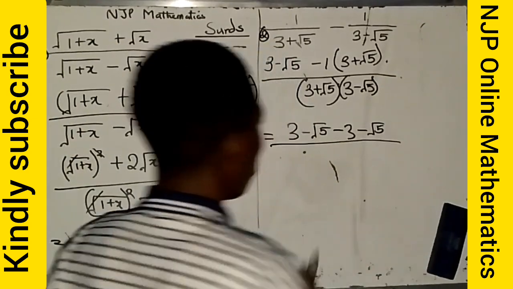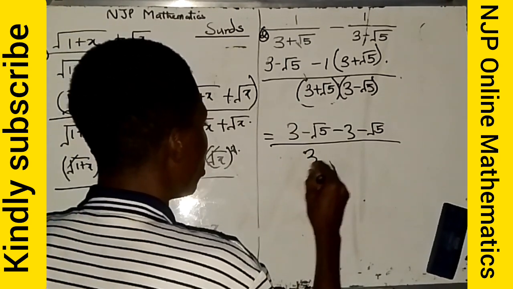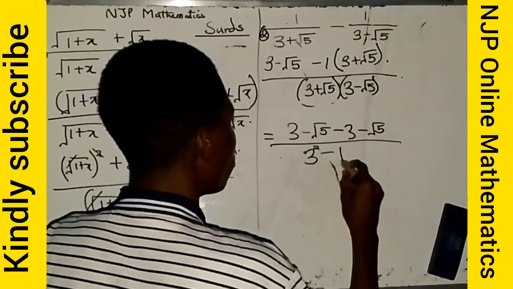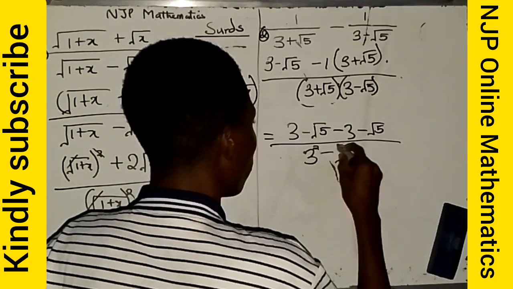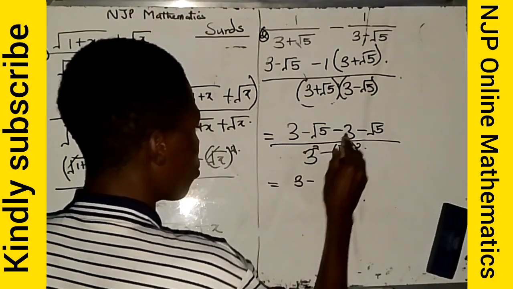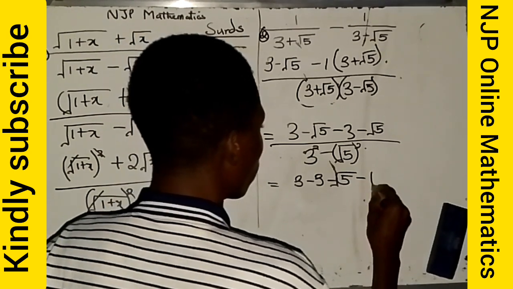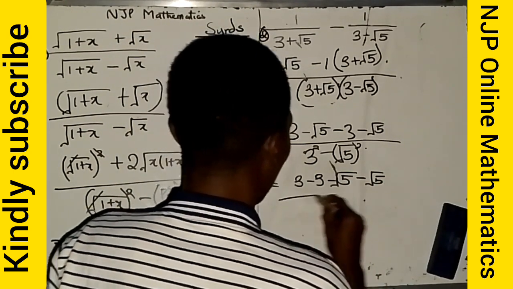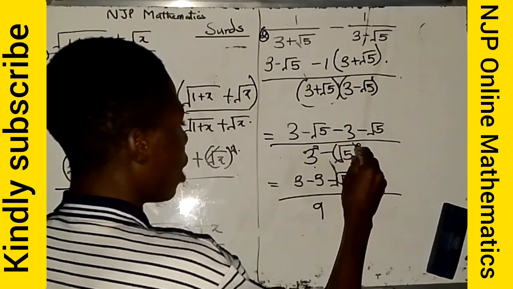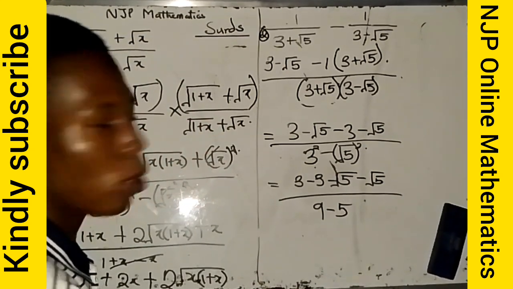So remember, the denominator is a difference of 2 squares, and it's equal to 3 square minus root 5 square. So this now becomes 3 minus 3 minus 5 minus root 5 minus root 5, all over 3 square will give us 9, and the root 5 square is still the same as 5 below.